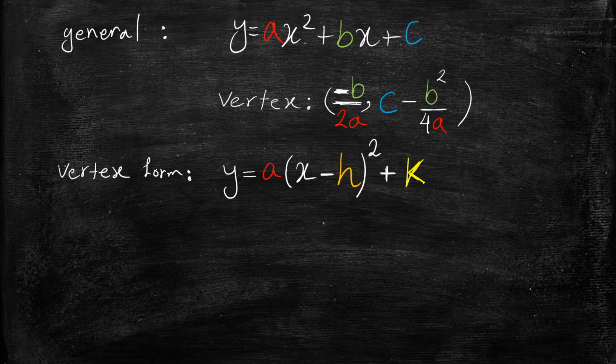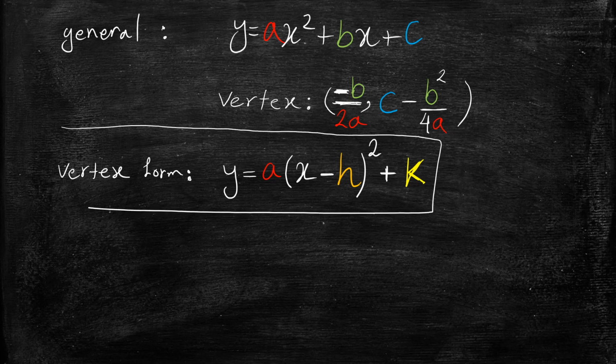Now, when you have the equation in this vertex form, the coordinates of the vertex are: the x is h, comma, the y is k. That's it. So if the quadratic equation is written in vertex form, you can immediately tell the coordinates of the vertex.